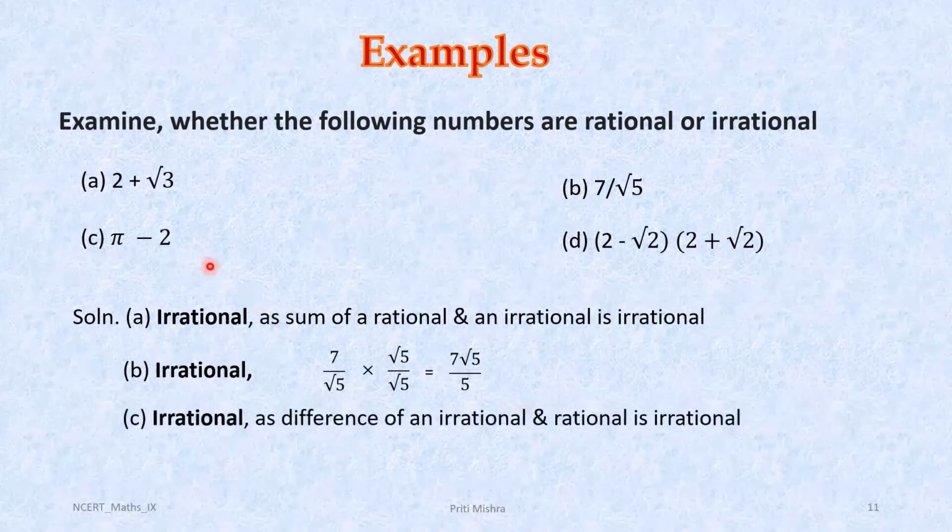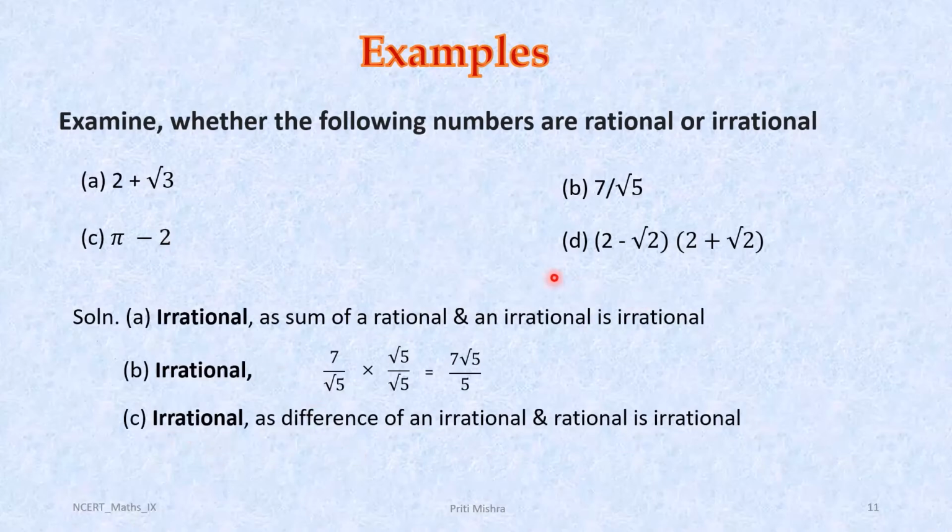C, we are having pi minus 2. This is again irrational, as the difference of an irrational and a rational is irrational. This is an irrational number. Pi is an irrational number and 2 is a rational number. So irrational and rational are going to be subtracted. So the result is an irrational number.